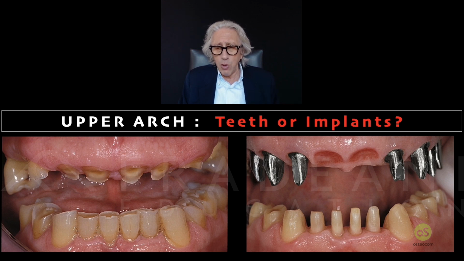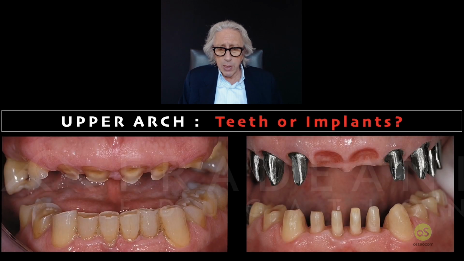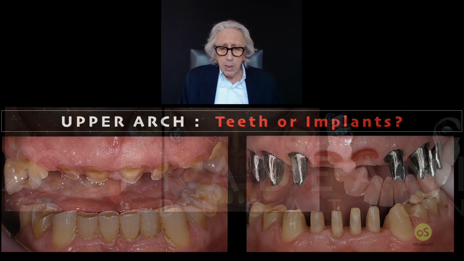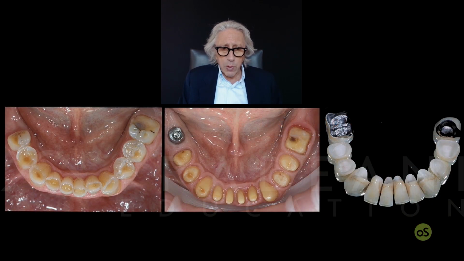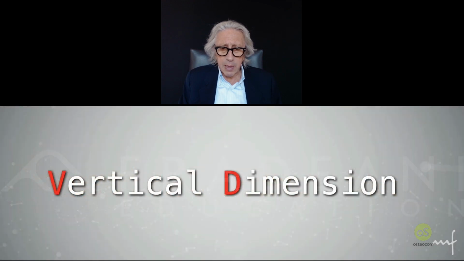We extracted all the teeth at the same time. So the lower arch, we have prepared the teeth to receive the restorations. We have one implant in this area here, first molar on the lower arch. That was the lower arch before preparation and finalization. All ceramic restoration in place.